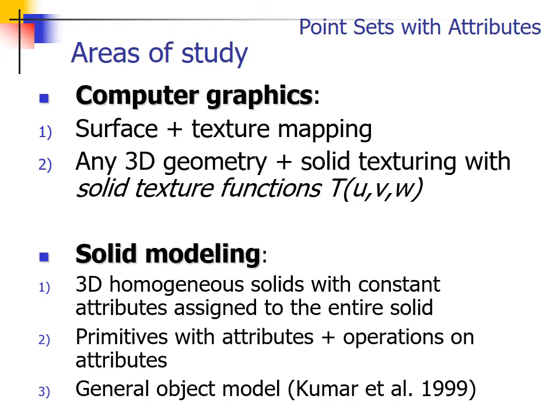Also, generative models, parametric function representation, array representation, and others. Solids are considered to be homogeneous with constant attributes assigned to the entire solid. Primitives with attributes and operations on attributes are represented as an extension of these modeling approaches.